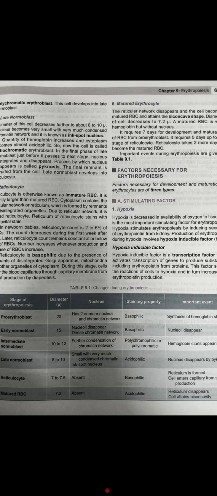In the third stage, there is further condensation of the chromatin network, and in the fourth stage, a small nucleus with very condensed chromatin, an ink spot nucleus, is present, and from reticulocyte the nucleus is absent. In reticulocyte and mature RBC the nucleus is absent.